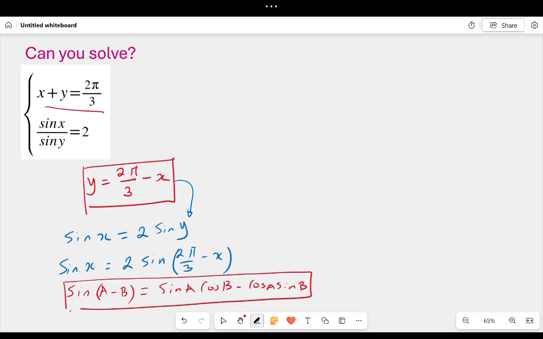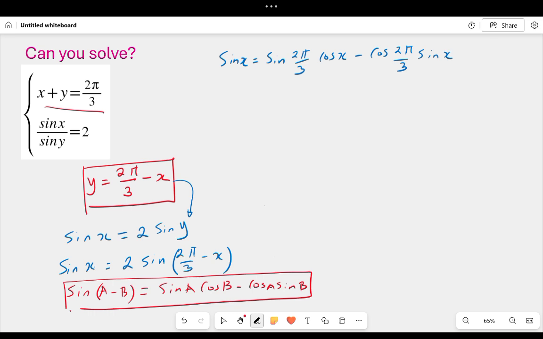Now we are going to write sine x. Sine x will be equal to sine 2 pi over 3 cosine x, then minus cos 2 pi over 3 sine x.